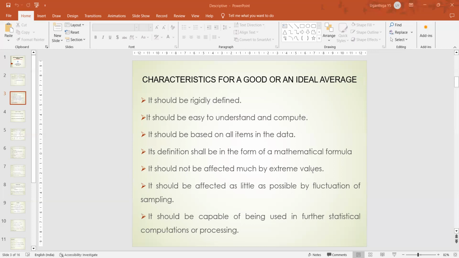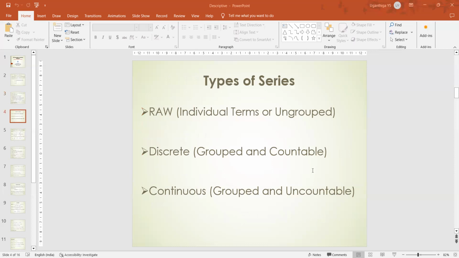Not only these three, we have a few more measures. Among all measures of central tendency, we consider the arithmetic mean, or mean, the best measure because it satisfies most of these characteristics.